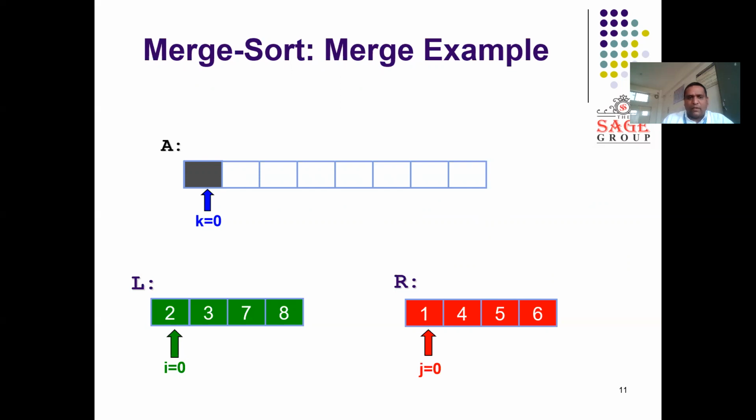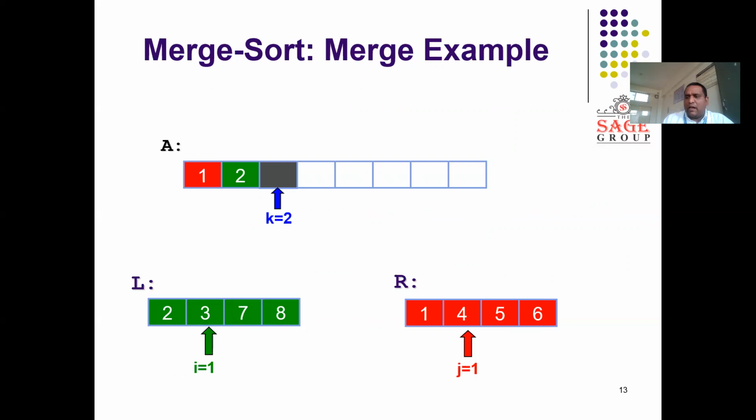Which element will go in? 1 will go in, because it is the smaller element. Then we increase the values of j as well as k. Then again compare the values at i and j. Here 2 and 4, which element will go in? 2 will go in. Then we put the value 2 and this time increase the i pointer and the k pointer.